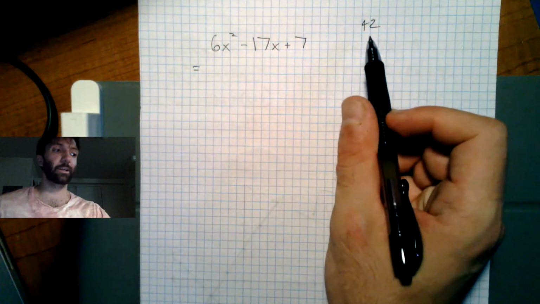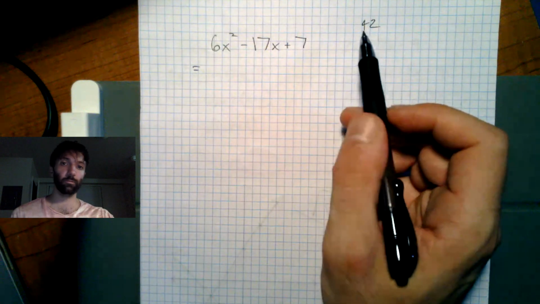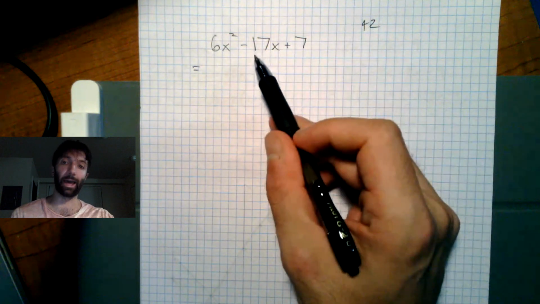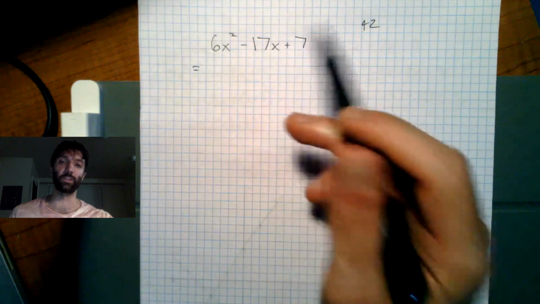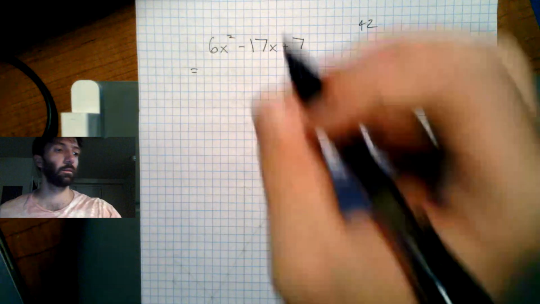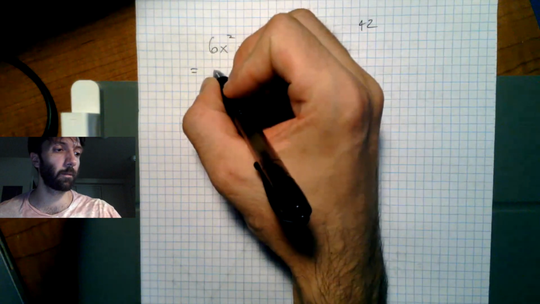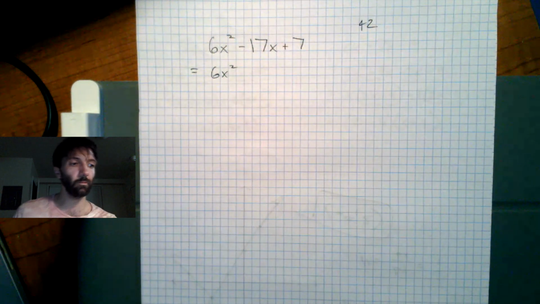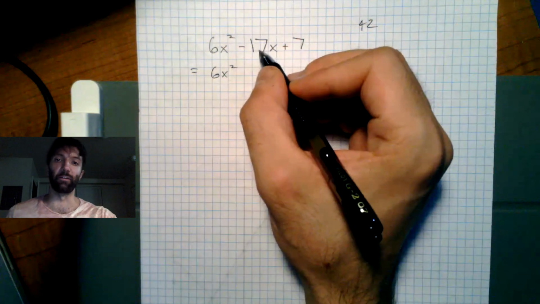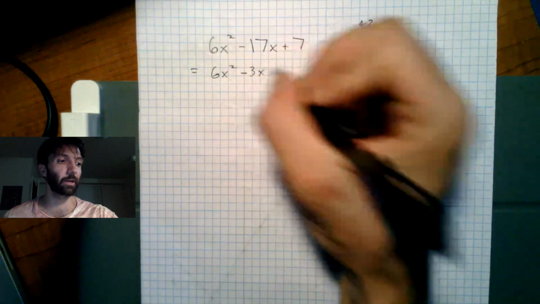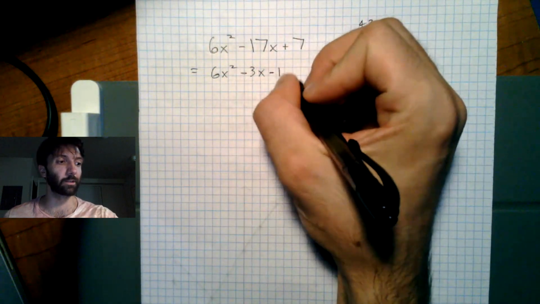And so the factor pair of 42, considering the fact that they're both going to be negative, that'll add to -17, is going to be -14 and -3. And so I'm going to rewrite this expression, except instead of negative 17x, I'm going to do negative 3x minus 14x.